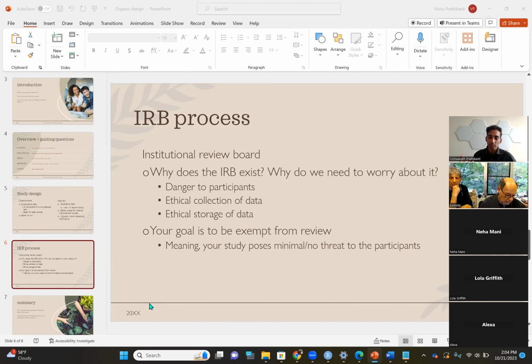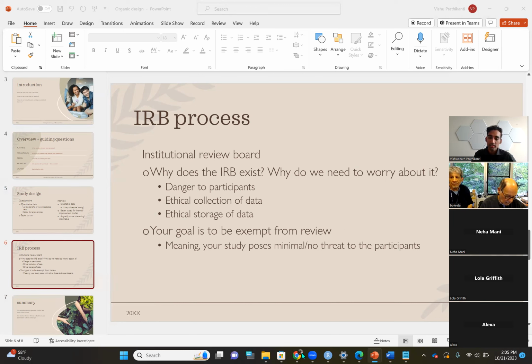So in any type of survey where you're doing what we're doing, your goal is to be exempt from the review process. That essentially means that your study poses minimal to no threat to the participants. Usually IRB is an extensive process when you're working with blood samples or something that may cause psychological damage to participants. But obviously, that kind of stuff does not apply to the types of studies we are going to be doing.